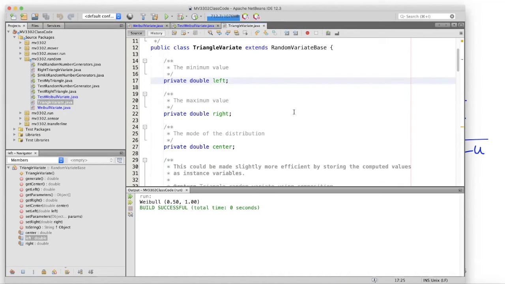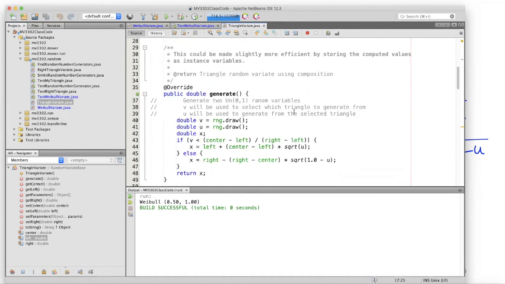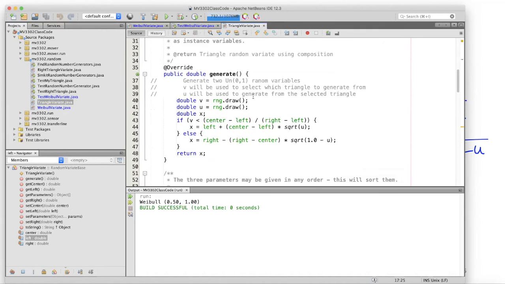Those are the 3 values there. So here's how to implement that method that I just gave. Remember I said V and U. So first generate V and U. And again, how do we generate uniform 0-1s? We take our random number generator and we call draw.